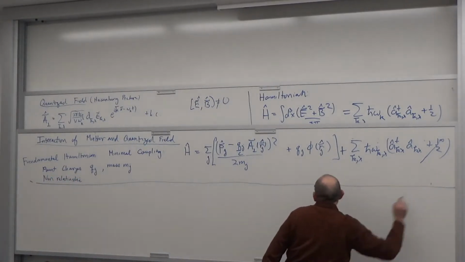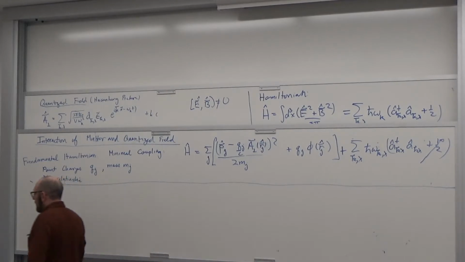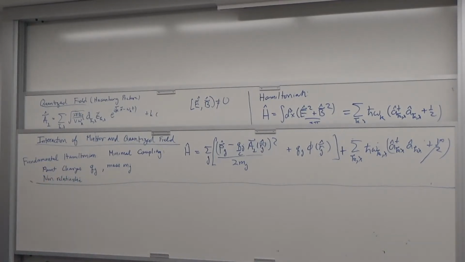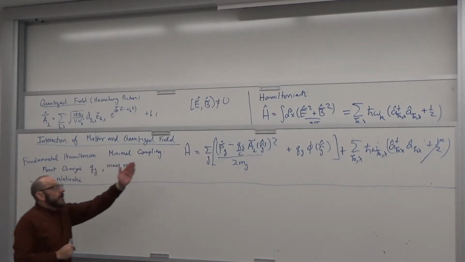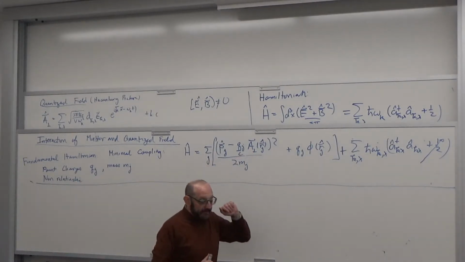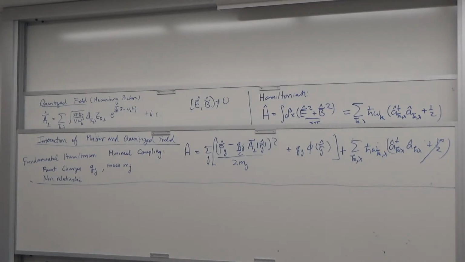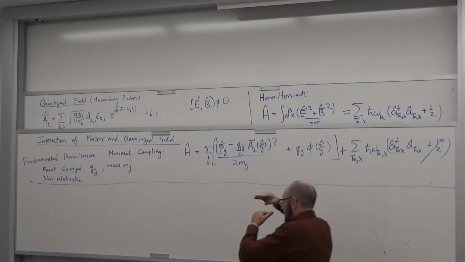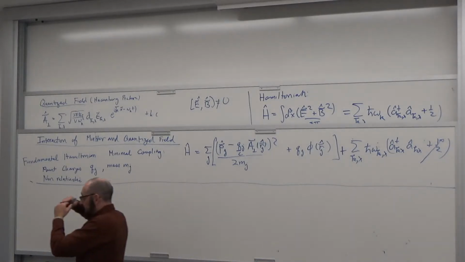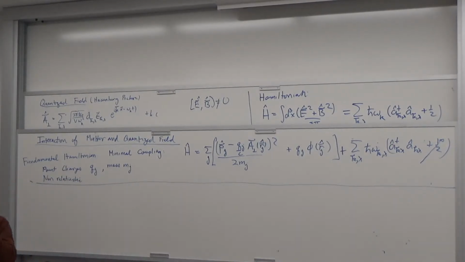But in quantum optics, we're interested not in high energy modes of the electromagnetic field. We're interested in the near resonant effects that couple the photons to energy levels that are separated by something like optical frequencies, maybe ultraviolet, but we're not going beyond that.